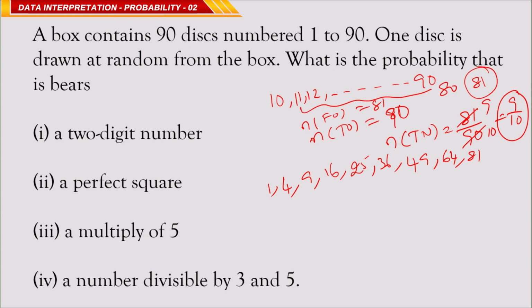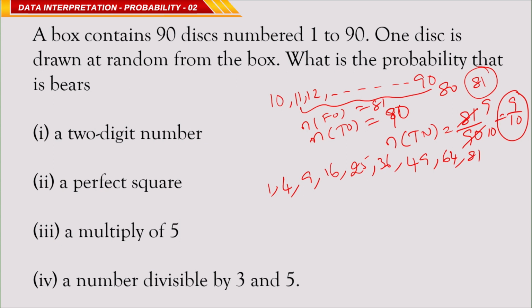So 1, 4, 9, 16, 25, 36, 49, 64, 81 means 1, 2, 3, 4, 5, 6, 7, 8, 9. There are 9 perfect squares here.